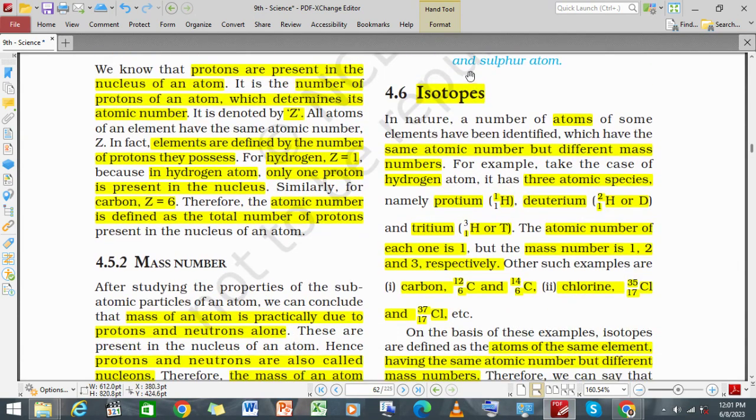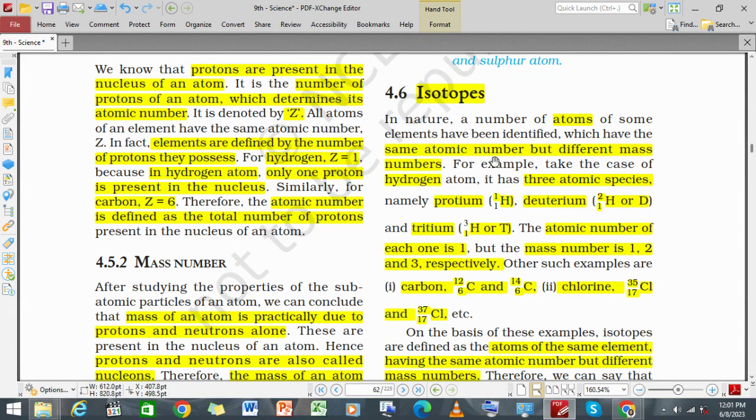All right. And what are isotopes? In nature, a number of atoms of some elements have been identified which have the same atomic number but different mass numbers. All right, means they have isotopes. Iso means same. Topes, let us find some way to make you remember.